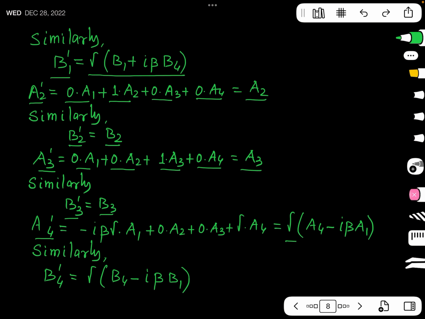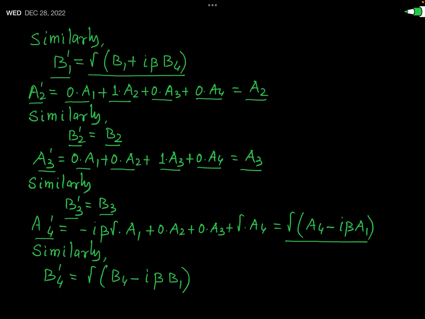A4 prime is equal to gamma times A4 minus i beta A1, and in the similar manner, we can say that B4 prime will be gamma times B4 minus i beta B1. So in this way, using that transformation matrix, we have obtained all the components of the 4-vector A mu and B mu in the S prime frame.